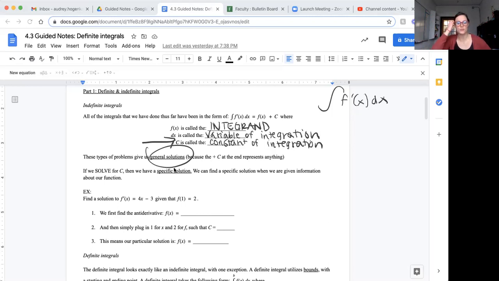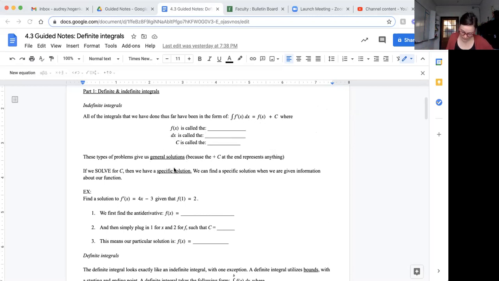However, if we solve for c, then that takes us to what we call a specific solution. And we can find a specific solution when we are given information about the problem. So, for example, find a solution to f prime of x equals 4x minus 3, given that f of 1 is equal to 2. So first, we want to find the antiderivative.